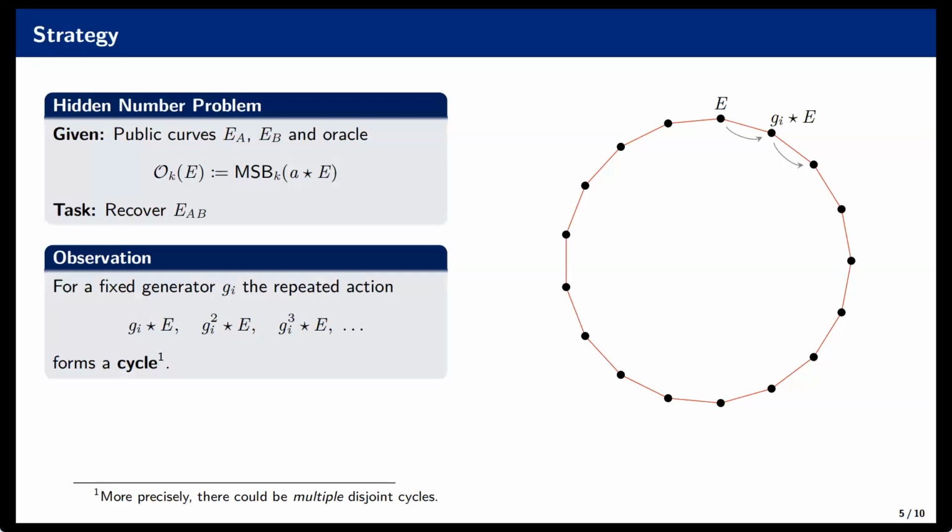Of course, the length of the cycle depends on the order of the generator, and for simplicity, let's just assume that this cycle contains all the curves. This is not usually the case, because there can be multiple cycles.